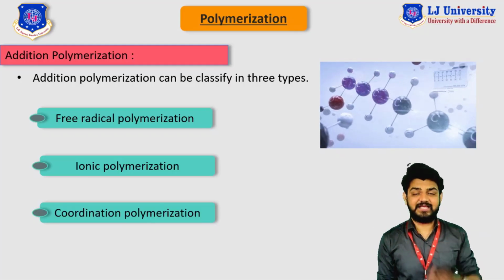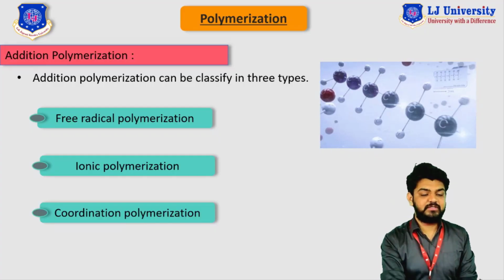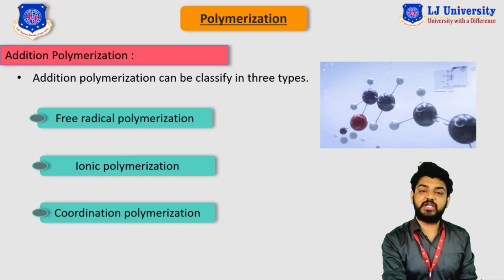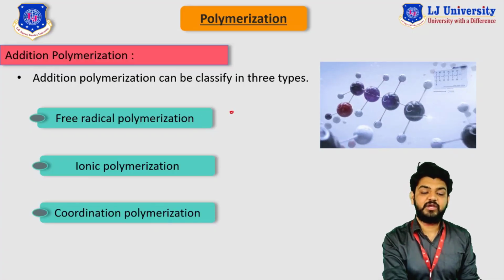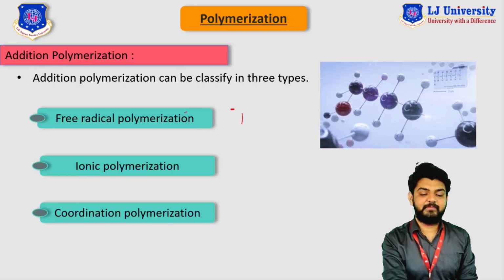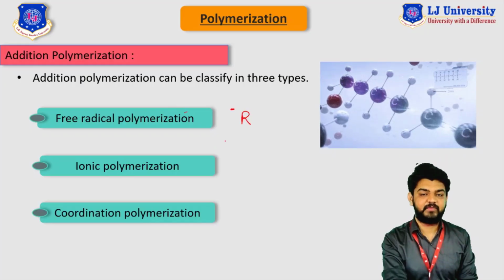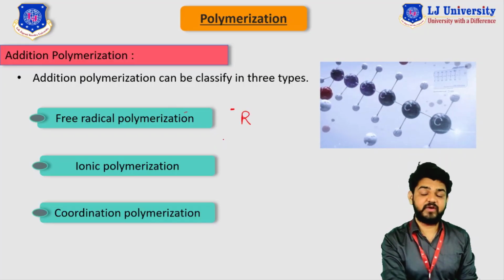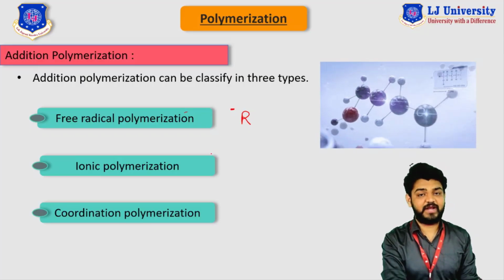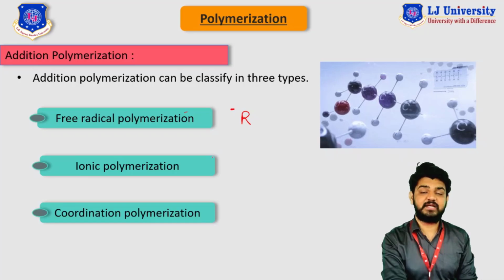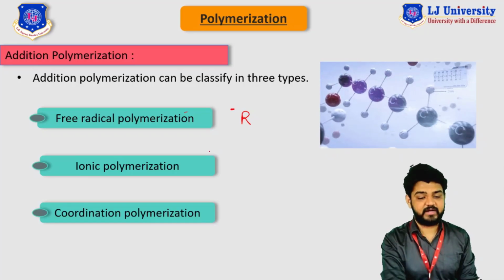This free radical polymerization involves generation of a free radical, which we denote with a dot sign on the polymer compound named R. This R is specially referred to for the carbon hydrogen chain, so whenever we use R, it represents some amount of hydrocarbon.